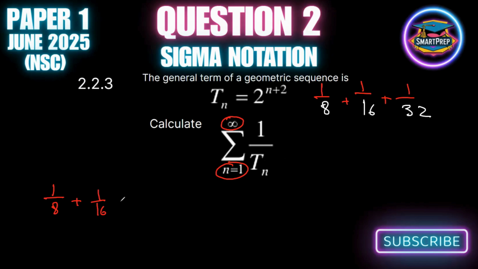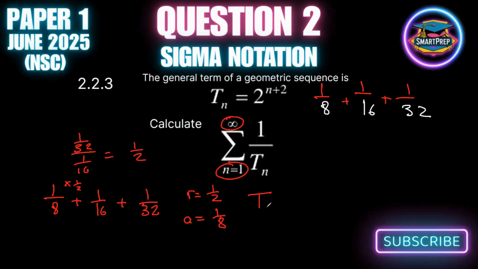Now, what is our common ratio then? Our common ratio is 1 over 32 over 1 over 16, which is a half. And that makes sense, right? Because an eighth times a half is a 16th. So our r is equal to a half, and our a, the first term, is 1 over 8.